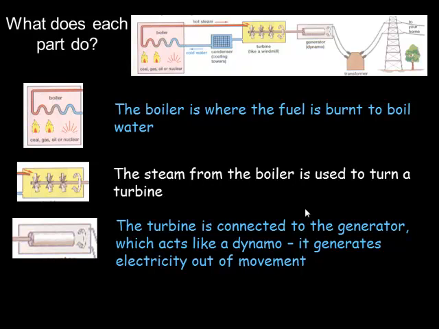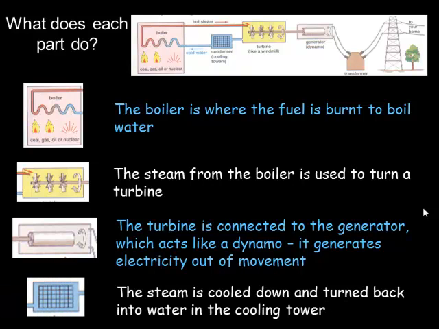Either way it causes the generation of electricity. That electricity goes out through the transformer into a national grid around the country, and then the steam is cooled back down into water, and the process repeats again.